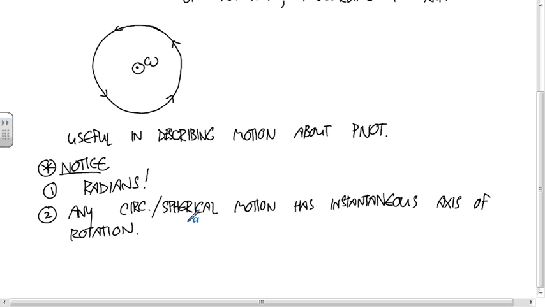So that's the difference. But no matter what kind of motion you have about a pivot point, you can always find an instantaneous axis of rotation. We're not going to talk about how to find it. In our problems, it'll just be given to you in some way or another, but you can always find it.